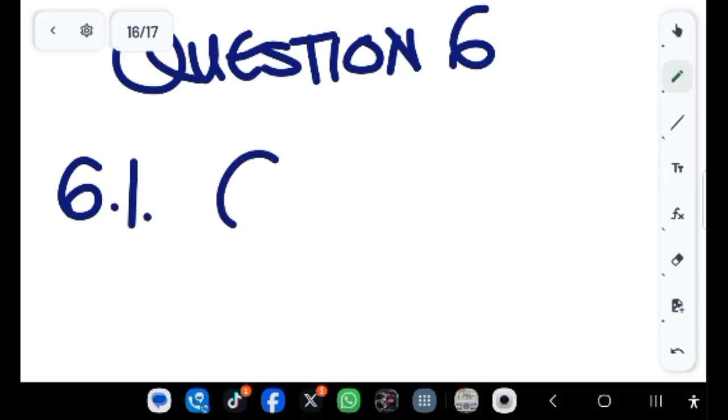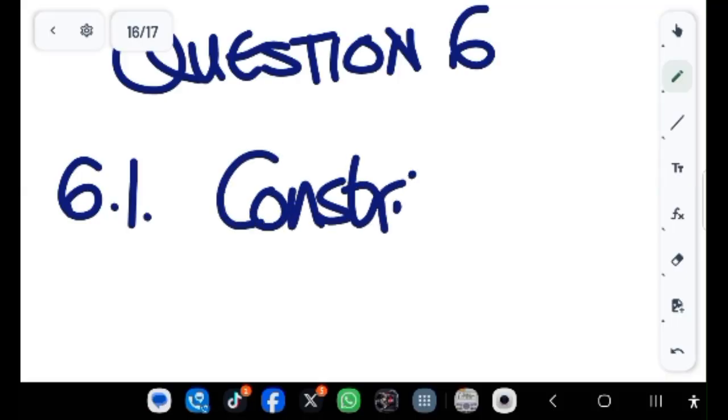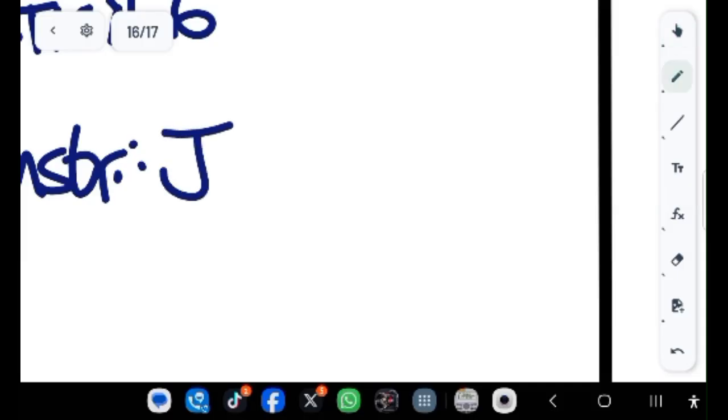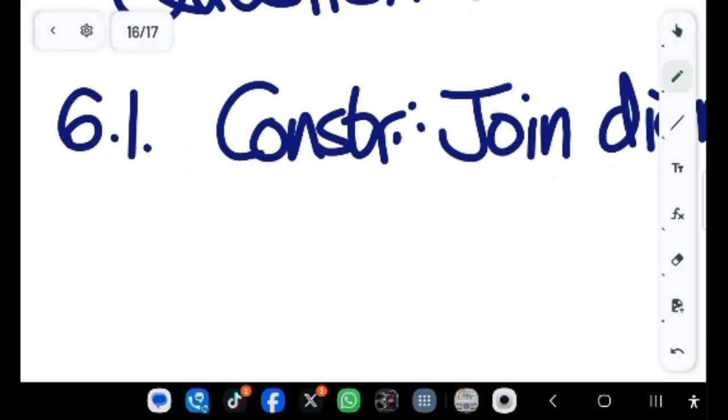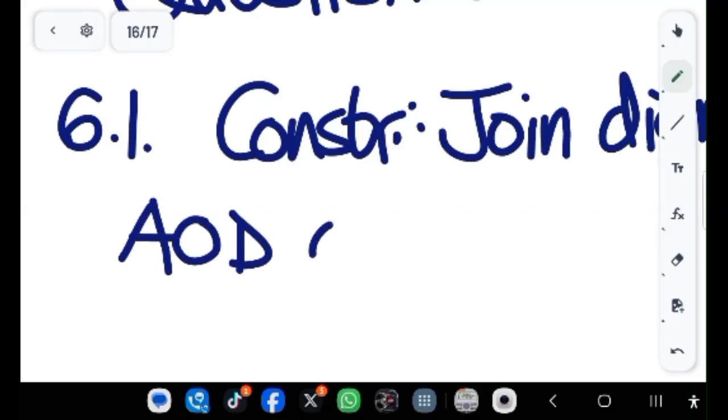The construction: join diameter AOD and DC.